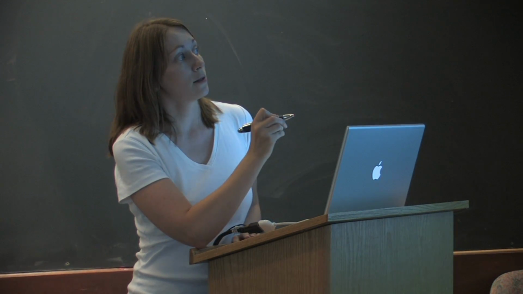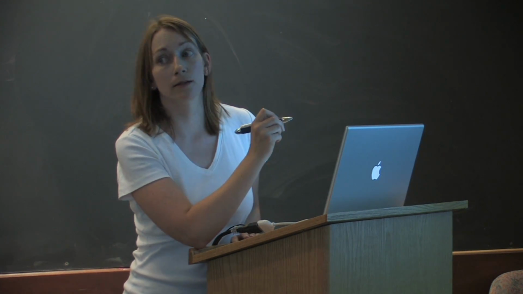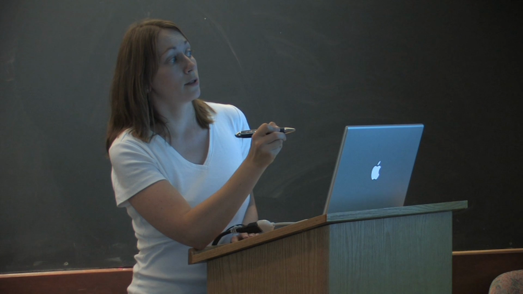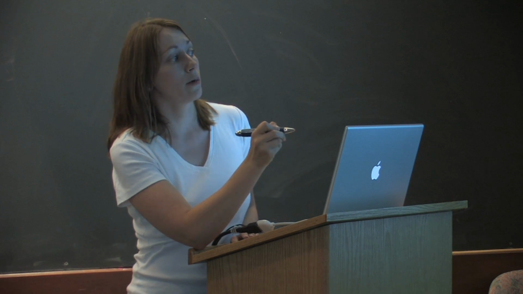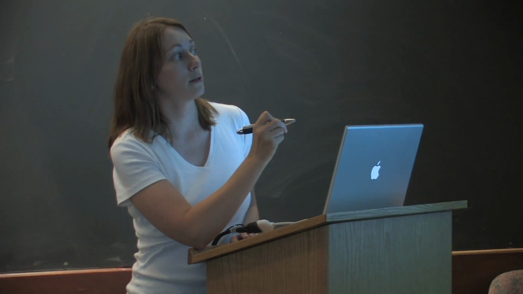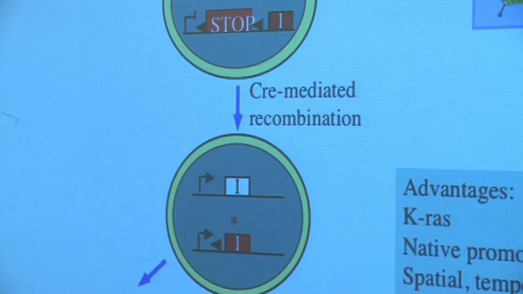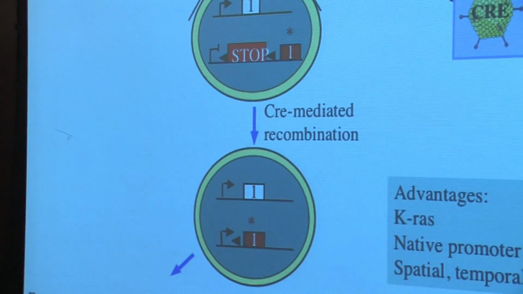And the way that this system works then is that every cell in this mouse is carrying one normal copy of the KRAS gene and one of these mutated copies that is not being expressed. However, when we expose the cells to the Cre recombinase protein, the Cre recombinase recognizes these LoxP sites and deletes the stop element. And then this allows for the expression of the oncogenic or mutated form of KRAS.